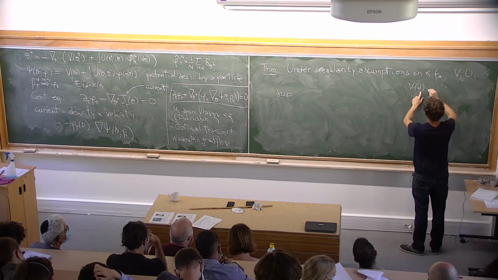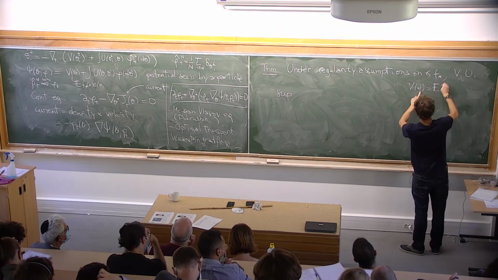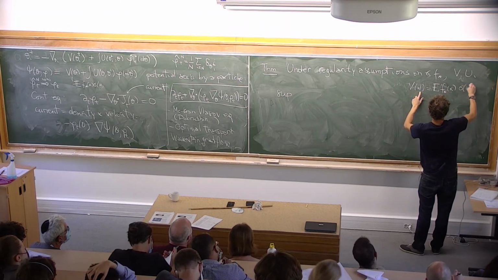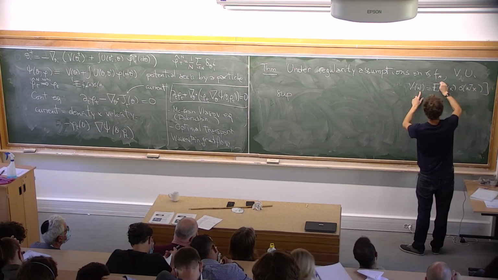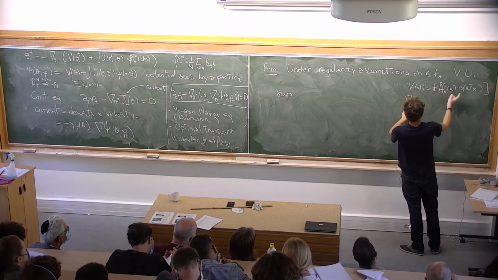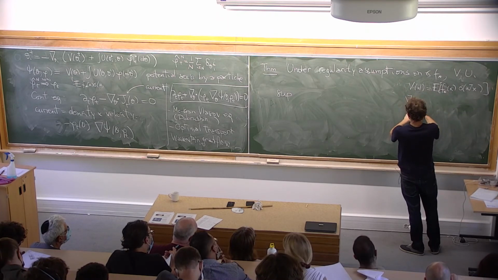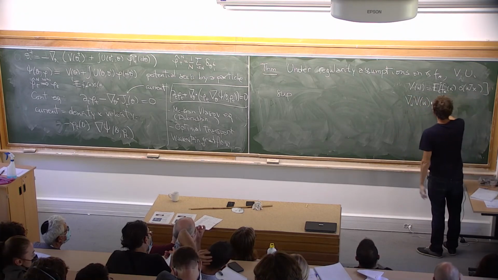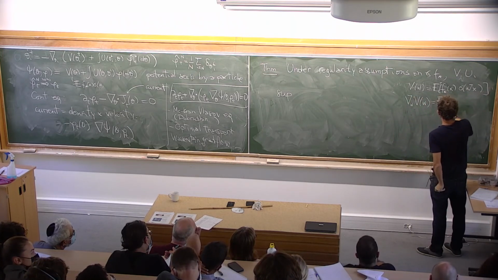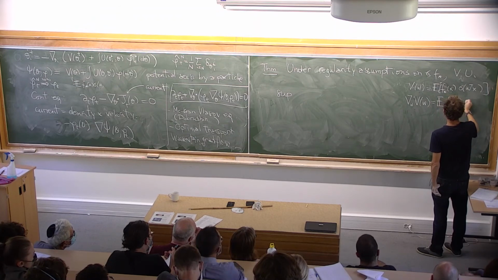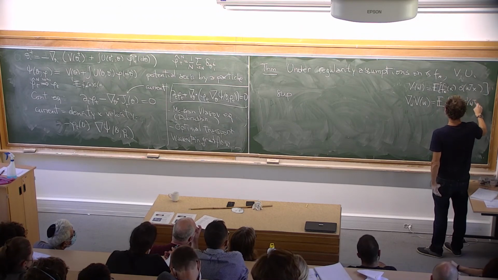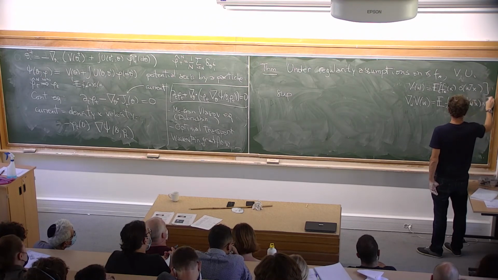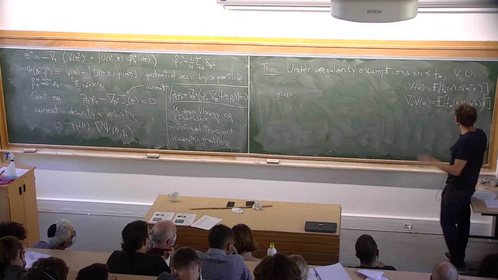So you want, this is just the expectation of F star of x times sigma of w transpose times x, right? And now F star plays a role because what you want is that the gradient of this is bounded, right? So the gradient of this is E of F star of x times sigma prime of w transpose times x, times x, right?